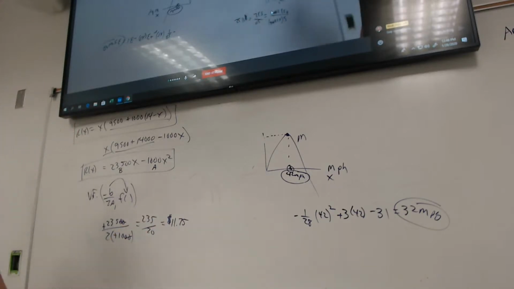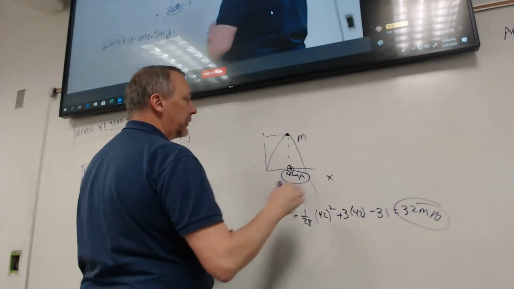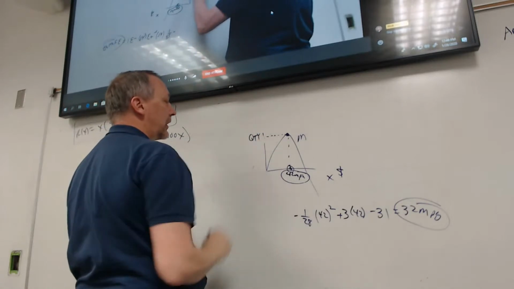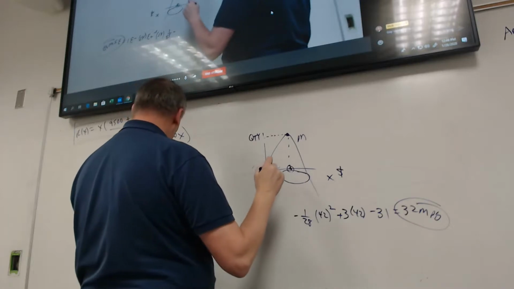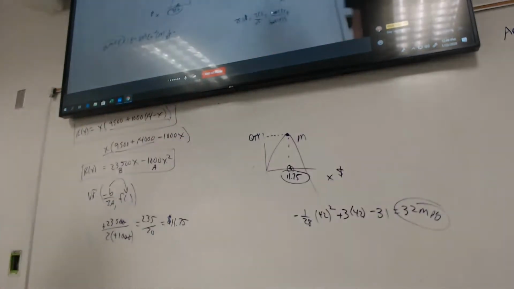Okay, so just like we have on this graph, now we don't have miles per gallon, we've got ticket price, and we've got quantity of people, and we've got $11.75. Okay, now we need to find the quantity. How do we find that, Zach?